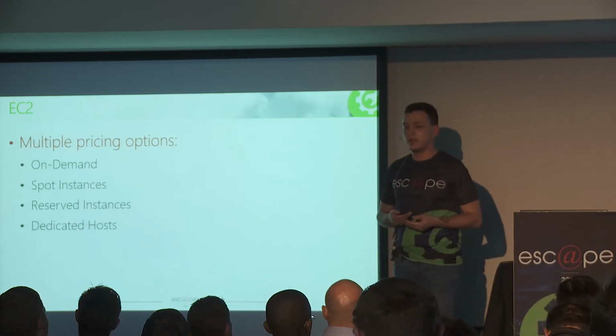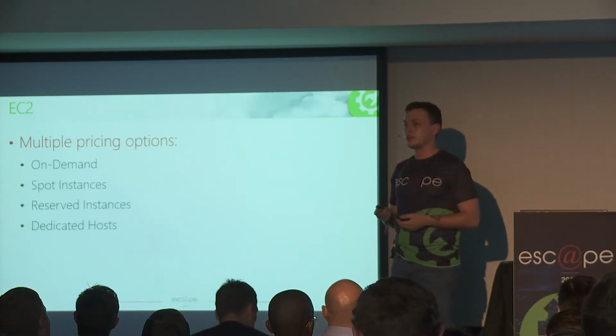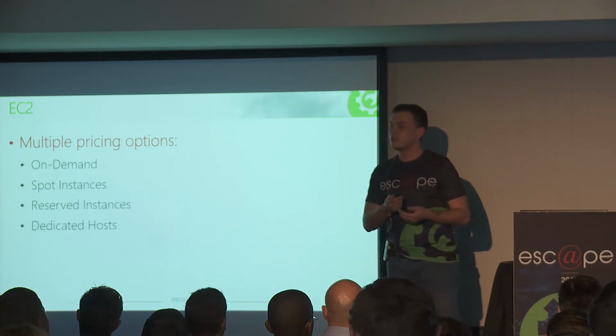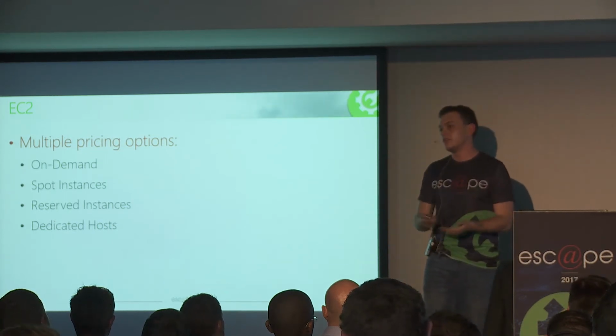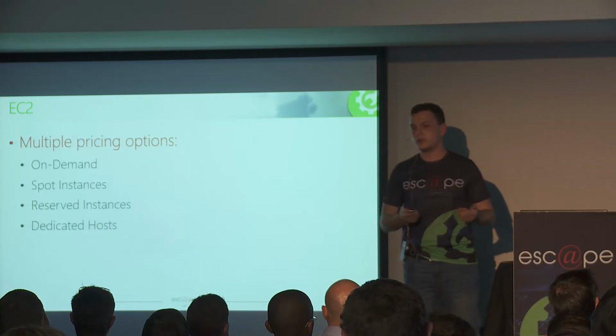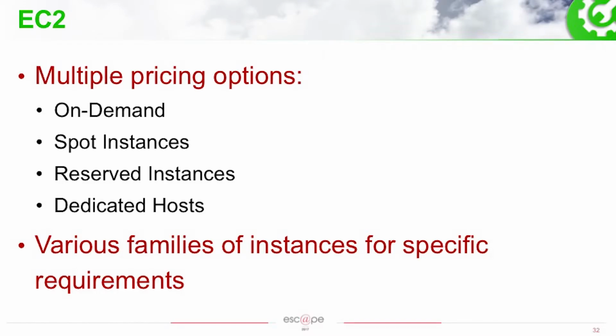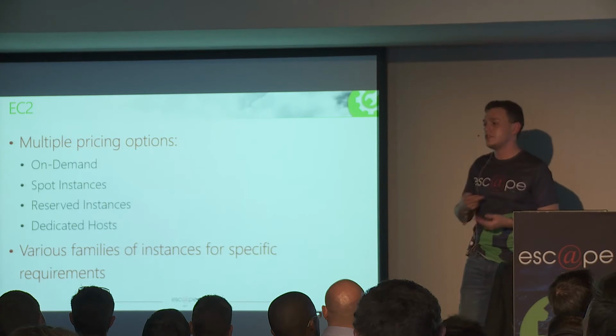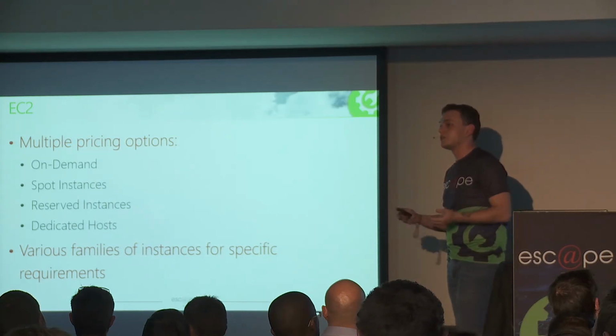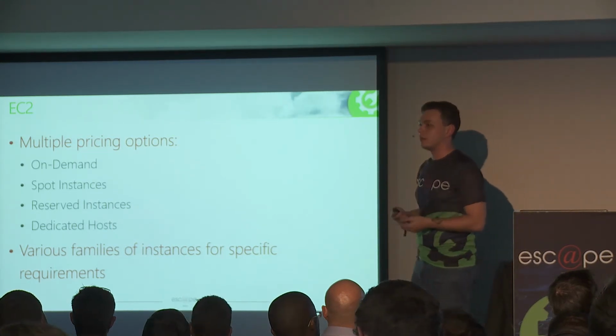For example, AWS allows a Microsoft bring your own license, with the caveat that you need to run on a dedicated host, according to the Microsoft legislation. It also allows for various family types of instances for specific computational requirements. Something like P2 instances are optimized for massive parallel processing.